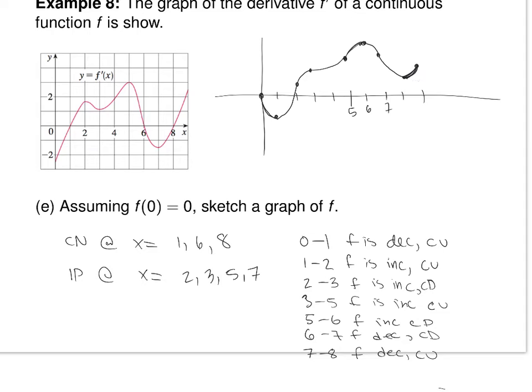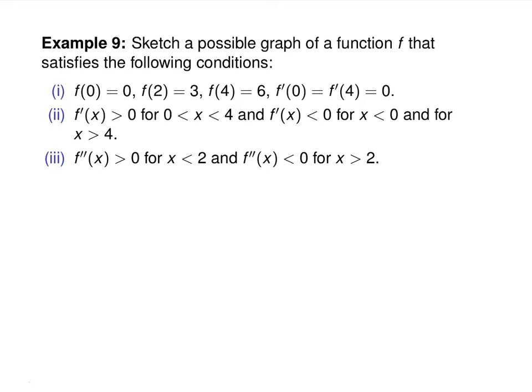Okay. And the last one, which is the last page. In this one, you were given a bunch of information and you're asked to sketch a picture from it. So f of 0 is 0, f of 2 is 3, 4, etc. So what does f of 0 equal 0 mean?